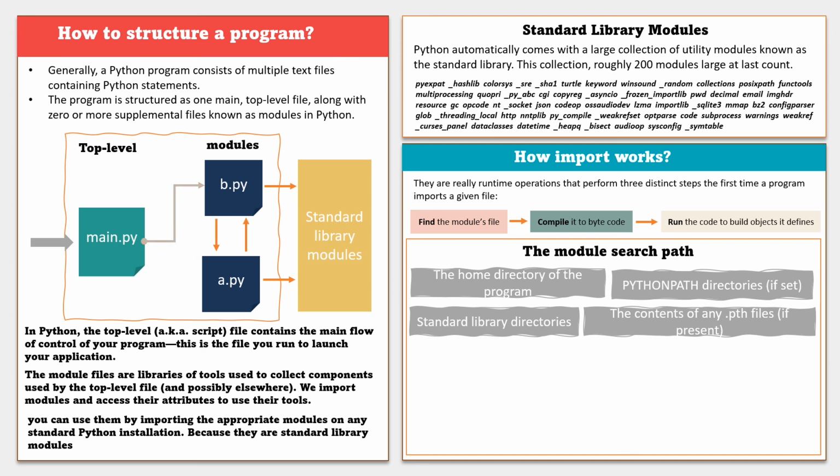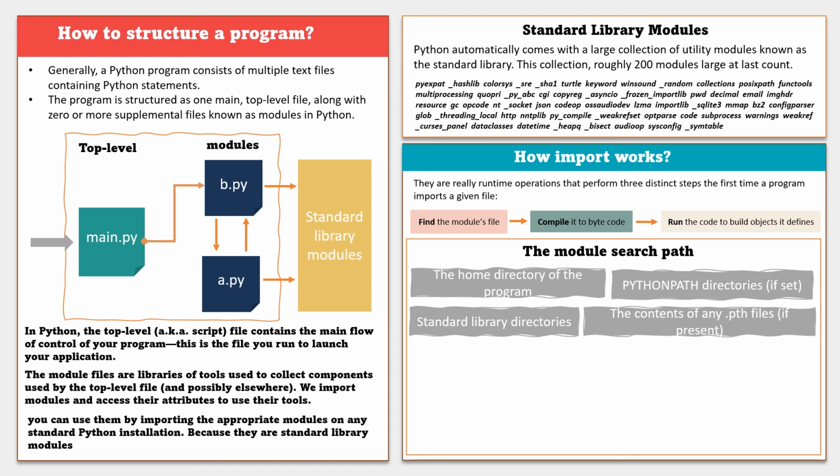The first one is the home directory of the program, wherever all your files are located and from where your interpreter is presently running. Second, the PYTHONPATH directories. This can be customized; the home directory can also be customized, we can add there. Third is the standard library directories. We cannot do anything with that.